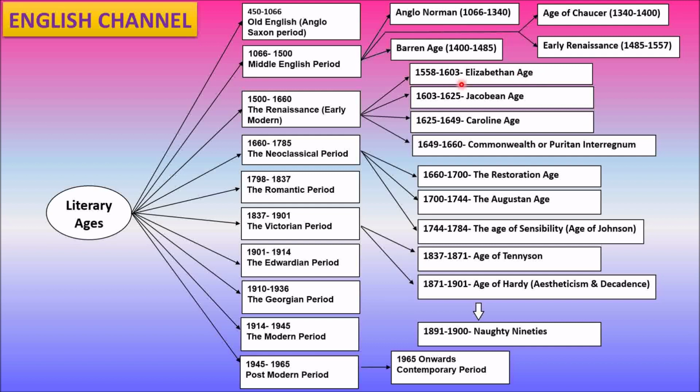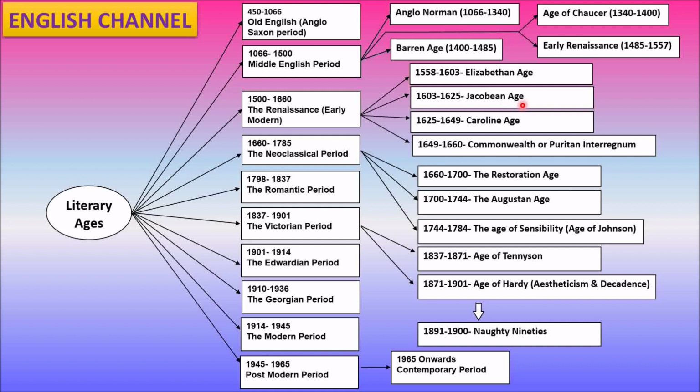The next, 1603 to 1625, friends, of course begins the Jacobean age. In this time period, Ben Jonson, of course Webster, and other dramatists are there in this particular age.